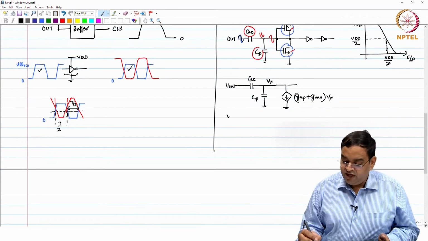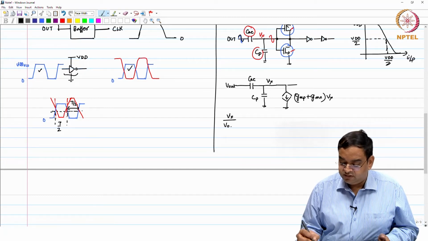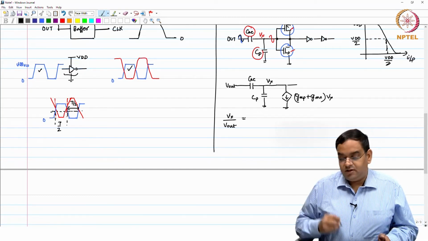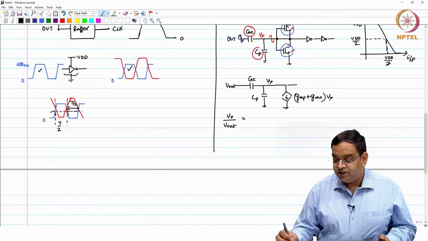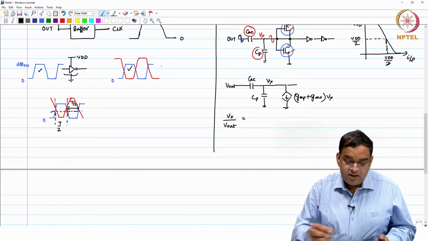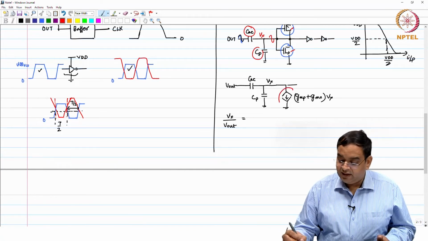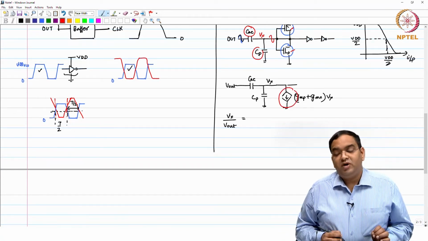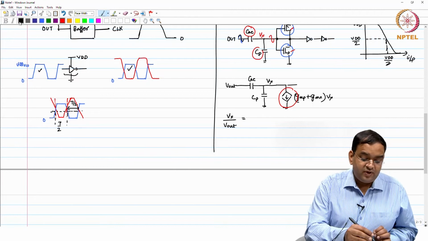So, Vx by Vout is a simple circuit. You have GMP plus GMN times Vx. Effectively this will act like an impedance of 1 over GMP plus GMN.